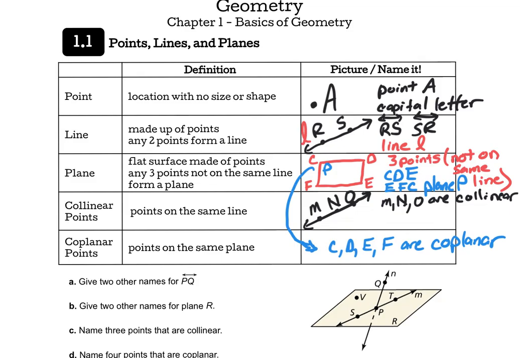We don't want to use P because P is not a point. P is just a random letter naming that plane. Same thing up here. We wouldn't want to use L when we're saying collinear because L is not a point. R and S are points. L is just a lowercase letter using that to name that line.